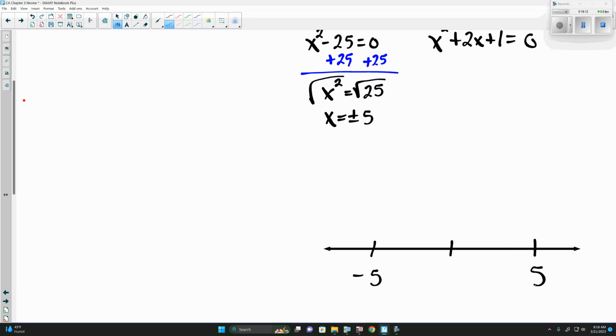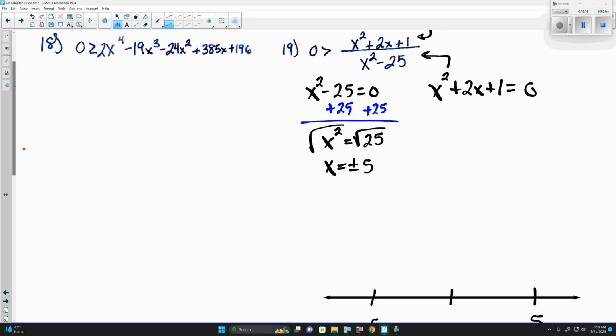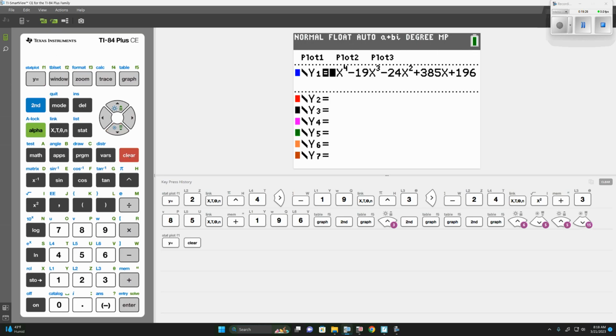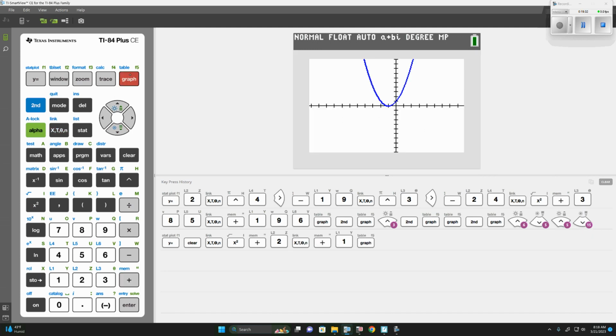Now we need to solve the other one, x squared plus 2x plus 1. Now we could use the quadratic formula, we could factor it, we could graph it, we can use any of these. So x squared plus 2x plus 1 graph. It intersects the x-axis at -1.